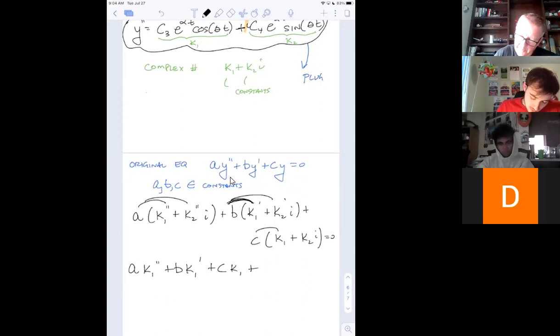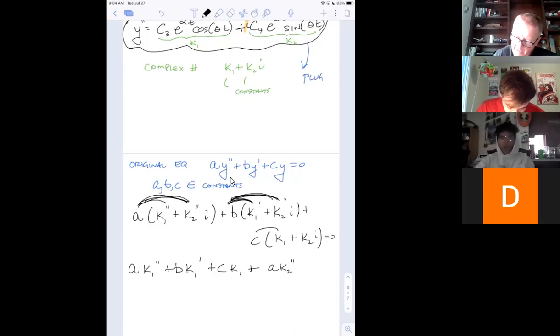And then plus, if I go back and do the second part of this, wouldn't I have A times K2 second derivative? And there's an I there. I'm not leaving it out, but I'm ignoring it for just a second. And then plus B times K2 first derivative, and then plus C times K2 without a derivative. And all of that is multiplied by I. Is that right?